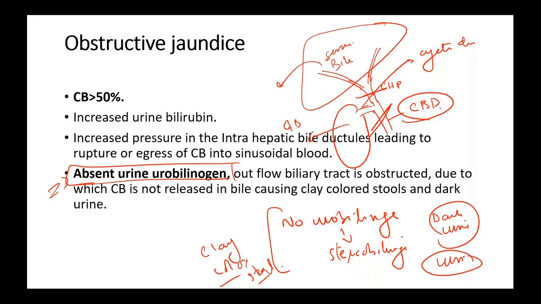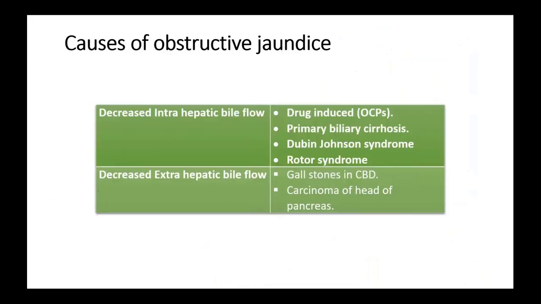Cause of obstructive jaundice: decreased extrahepatic biliary flow because of the gallstone, carcinoma of the head of the pancreas. So we have gallbladder, common bile duct. Let's say there's a stone here, bile will not move forward, decreased extrahepatic biliary flow.